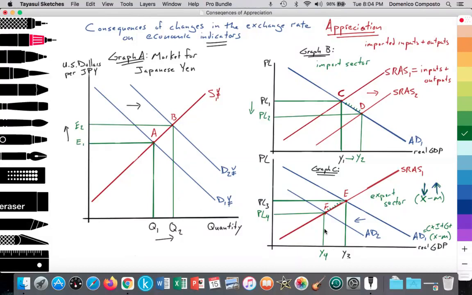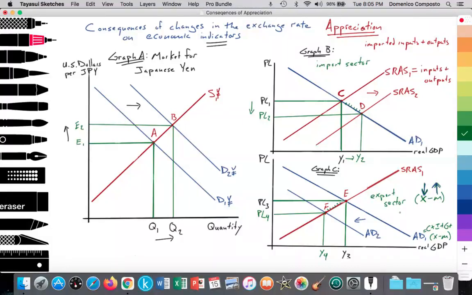Okay, so that's an overview of the impact of an appreciation as we illustrated it in our exchange rate model, and how that impacts the import sector in graph B: downward pressure on the price level, an increase in real GDP from Y1 to Y2 in that import sector, an increase in the quantity of aggregate demand leading to employing more resources like labor, unemployment falling in the import sector of Japan.